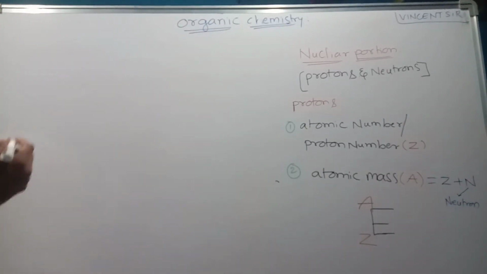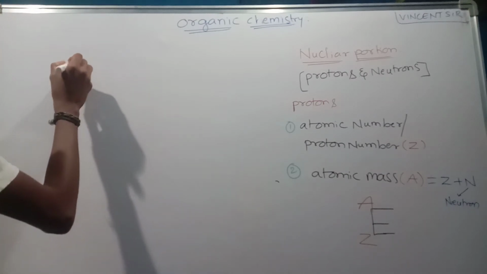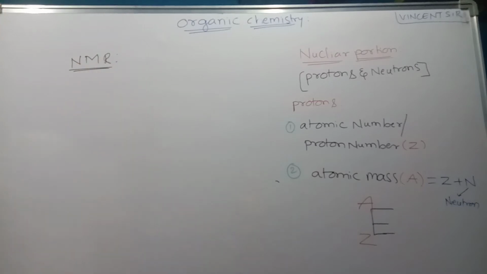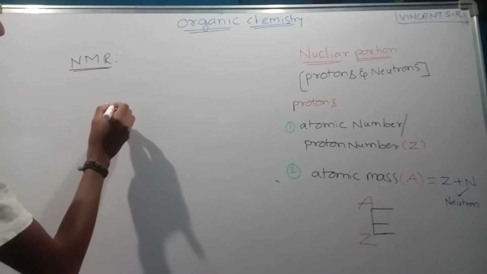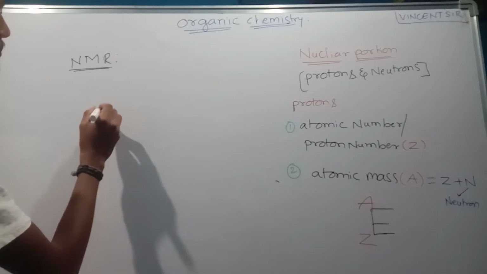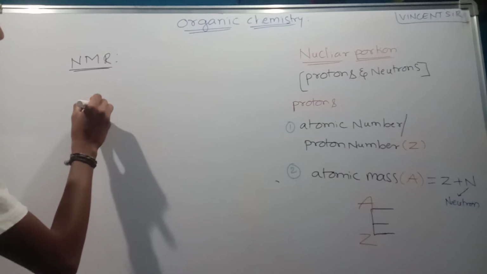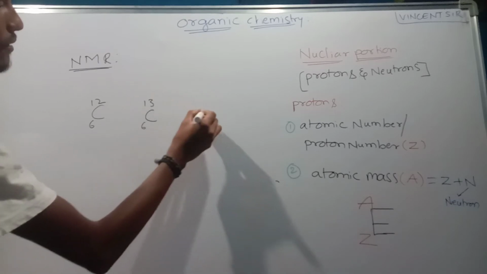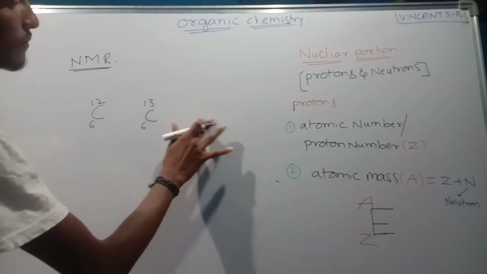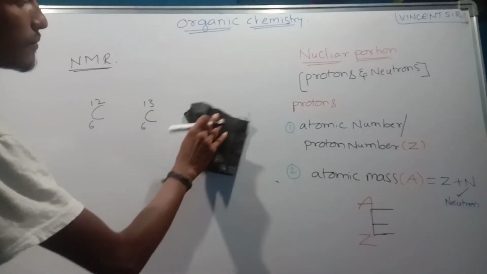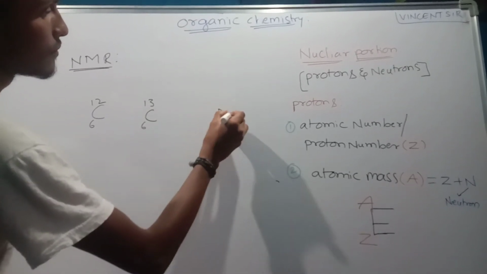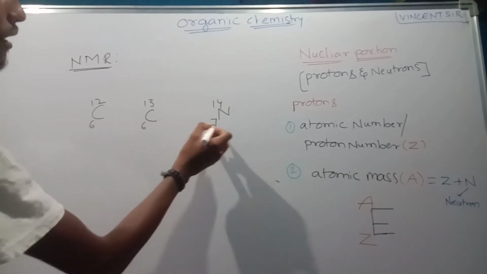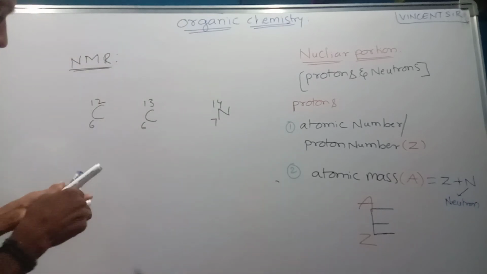Let's consider NMR spectroscopy. These are atomic numbers, and these are atomic masses.